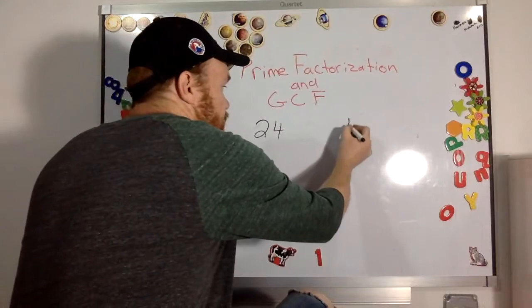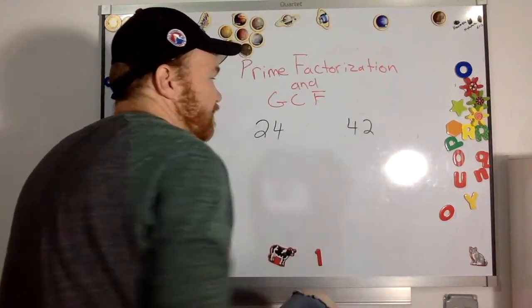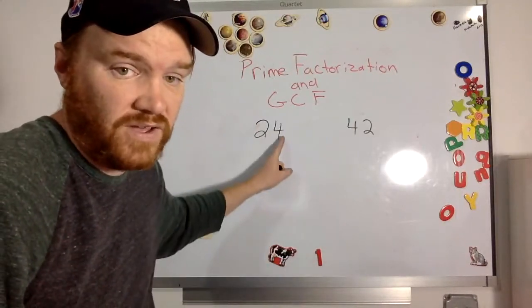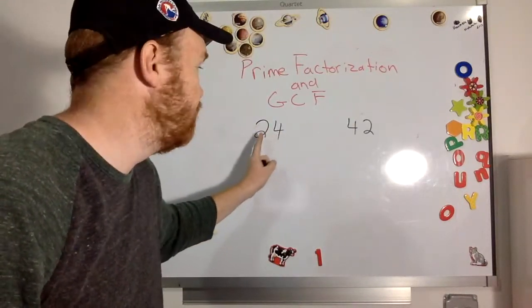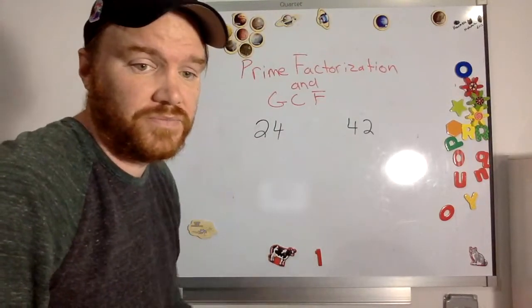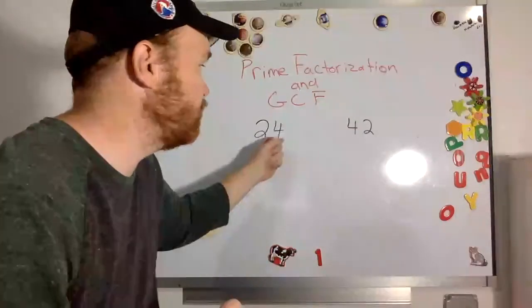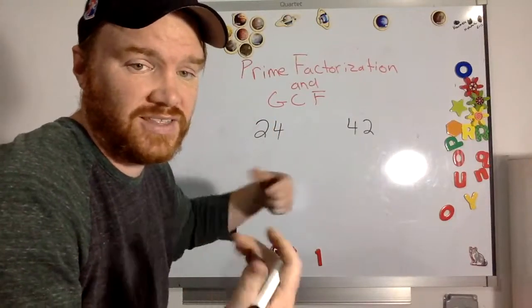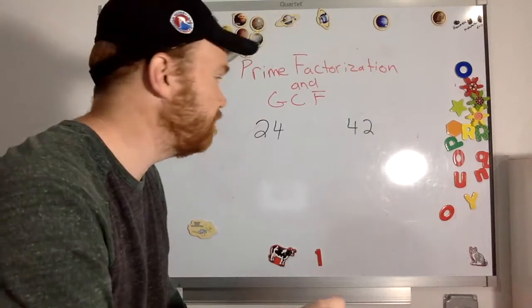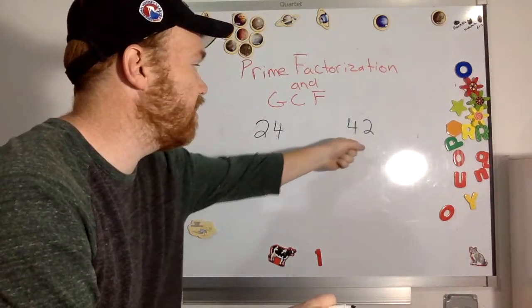If you were in my Google Meet, you know that we already found the greatest common factor of 24 and 42. I like to use them because it's easy for me to remember: 24, 42, the reverse, and they have quite a few numbers in common.